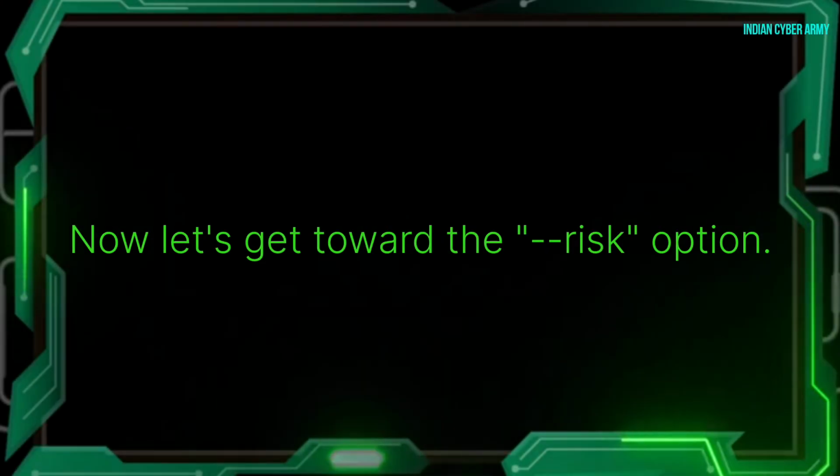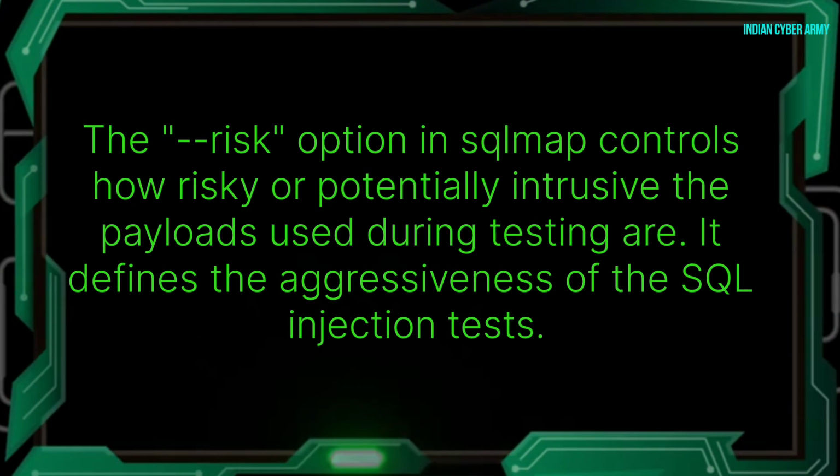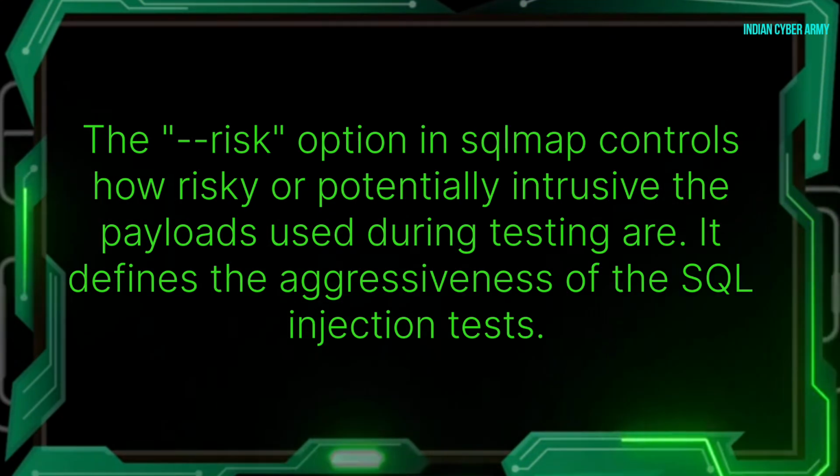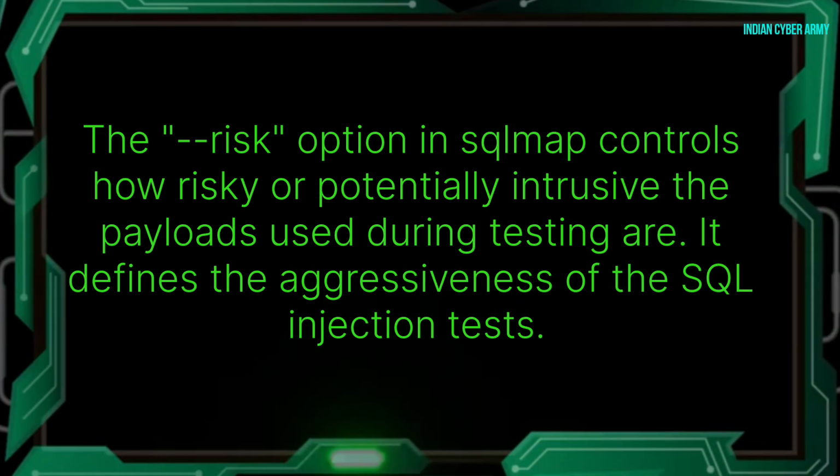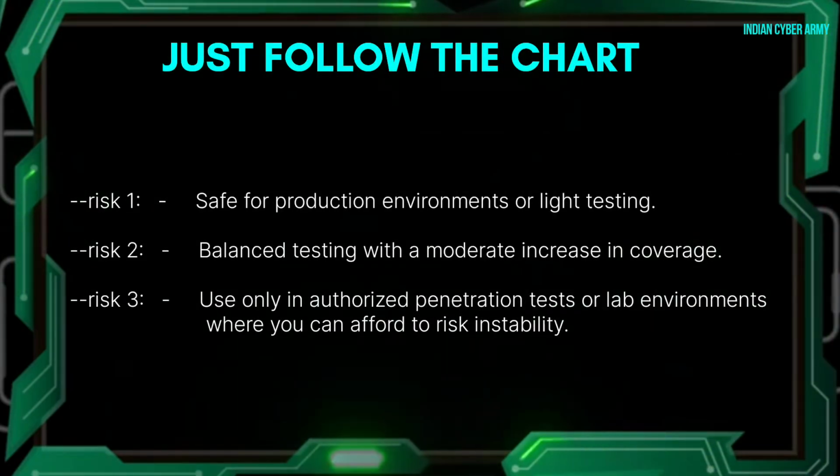Now let's get toward the --risk option. The --risk option in SQLMap controls how risky or potentially intrusive the payloads used during testing are. It defines the aggressiveness of the SQL injection tests. Just follow the chart.